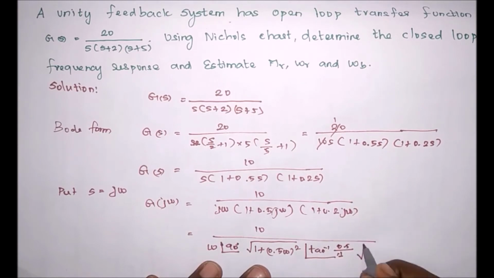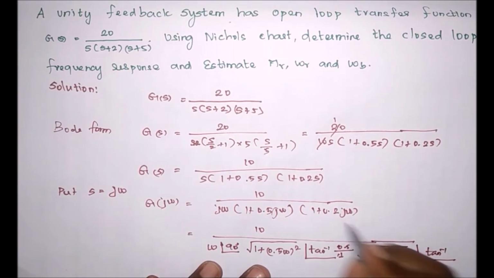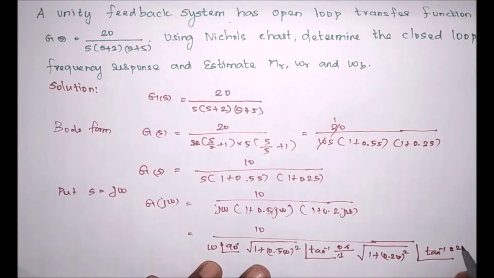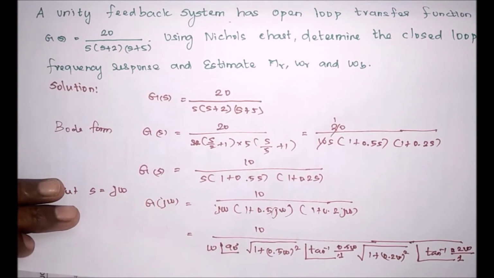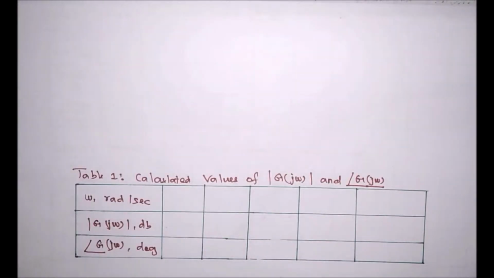For the third term, the magnitude is square root of 1 square plus (0.2 omega) square, and the angle is tan inverse of 0.2 omega divided by 1. This is converting the G(j omega) equation into magnitude and phase angle.